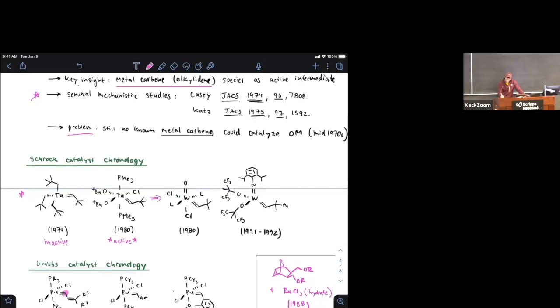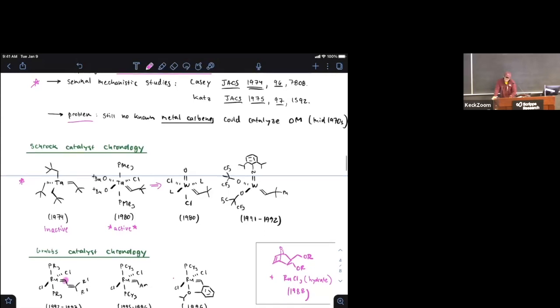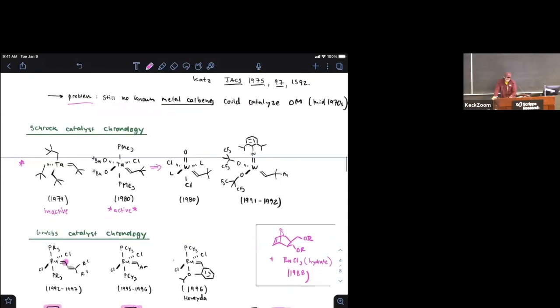And then with that insight, was able to pivot to the metals that we most commonly today affiliate with Schrock, molybdenum and tungsten. And here are some of the more modern looking catalysts that can perform metathesis with tens of thousands of turnovers.